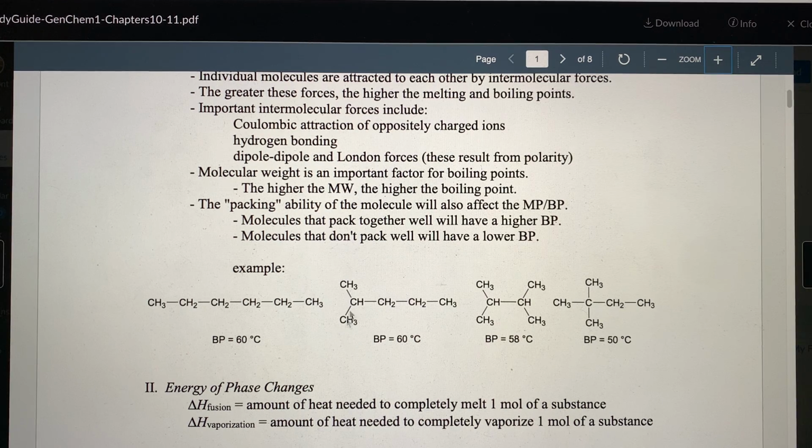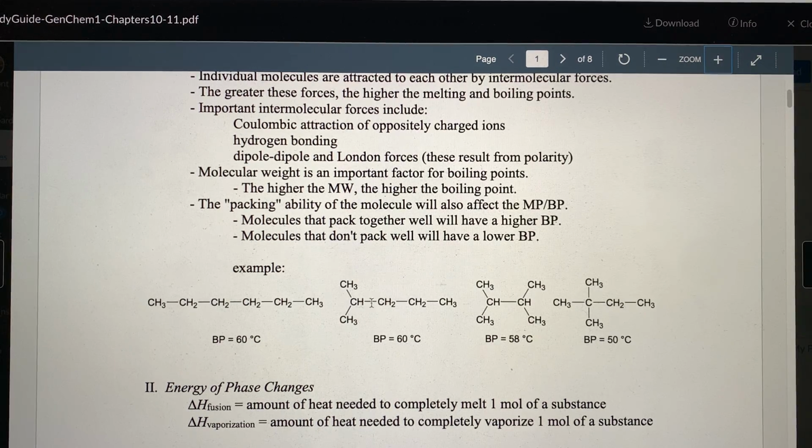A little bit of branching is not bad. The boiling point is the same, but more branching and bigger branches reduce the boiling point because they take up too many gaps. They're all the same kind of force, all dispersion. All these compounds are nonpolar.